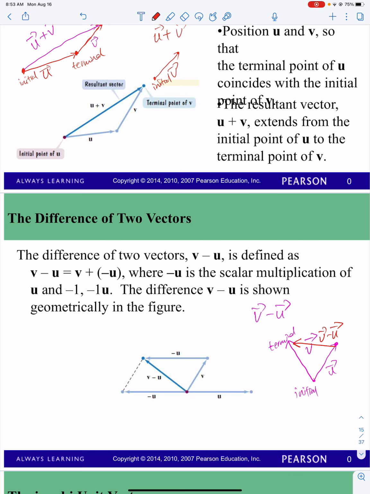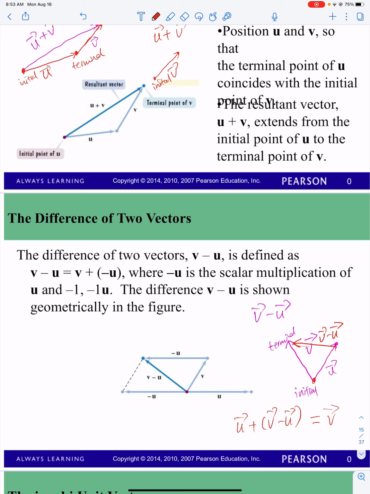Think about this. U is here, yeah, plus v minus u, u plus v minus u. What does this equal to? That's v, yeah. You put the initial to the terminal here, and then you think about this, okay?